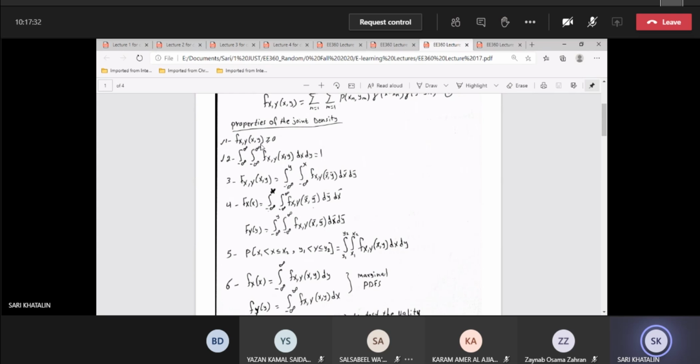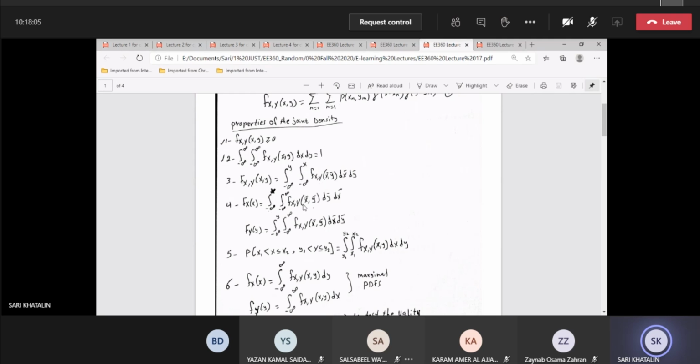As you can see quickly, the joint PDF has to be greater than or equal to 0, it cannot be negative, and the area under the joint PDF has to be equal to 1. If we need to find the joint CDF from the joint PDF, you use this expression right here, where you integrate twice, from -infinity to X and -infinity to Y.